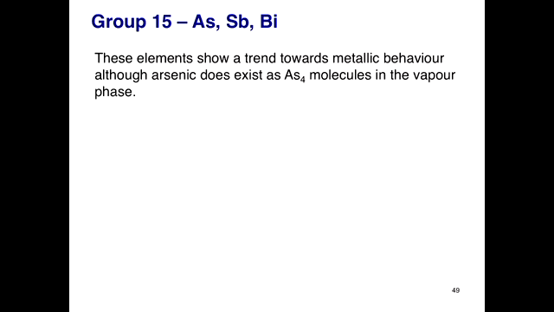But it's only when we get to bismuth that we get a true metal. So, as we look at the groups towards the far right-hand side of the periodic table, that transition to metallic character occurs later in the group. So in this case, only bismuth would be considered to be the true metal there.